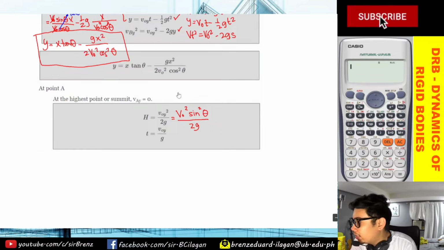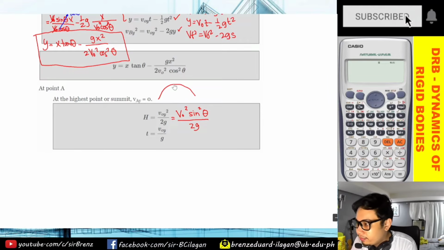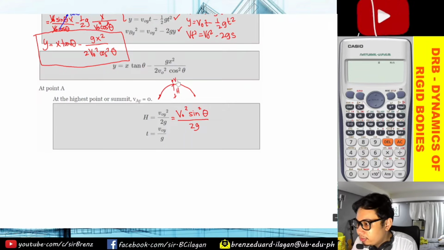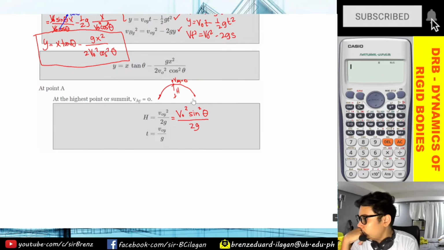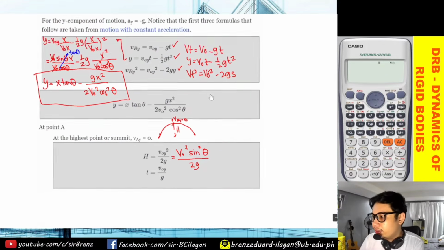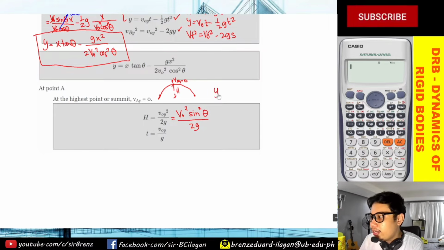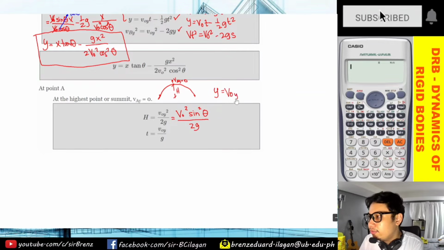So, ano lang natin dito? Drawing lang natin. Ayan. So, ito yung equation natin. Okay. So, ito yung initial velocity. So, again, ang final velocity niya dito, yung y component, o yung VAY, is equals to 0. Okay. So, ang gamitin nating equation, guys, is yung this one, saan y is equals to V0y t minus 1/2 of g t squared.